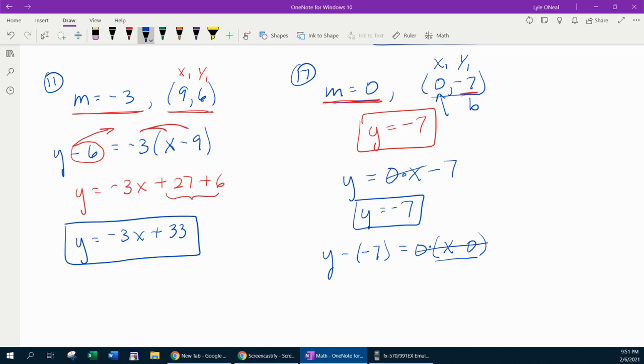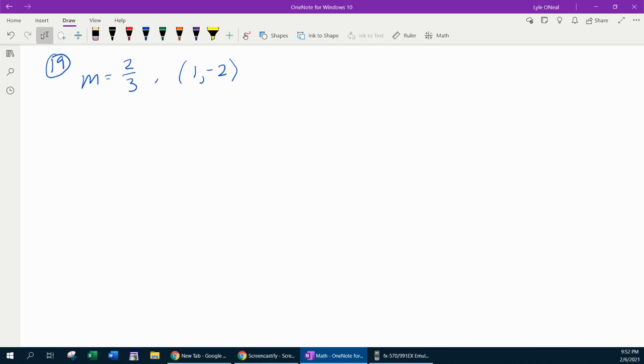Well, that's 0. And two negatives here make a plus. And then if I get the y by itself, moving a +7 over makes it -7. So do you see that I can get the same answer using any one of these methods that we've talked about? All right, let's try another one.